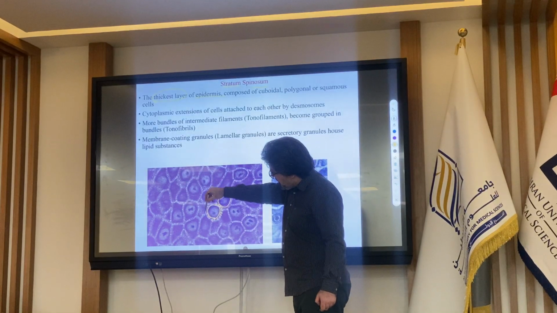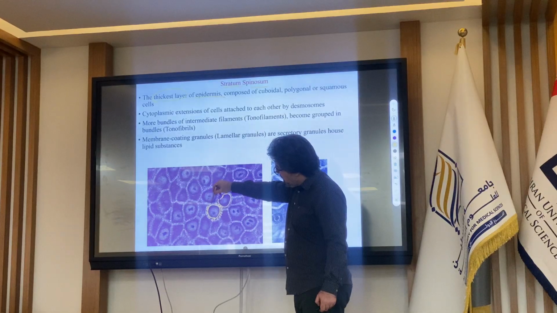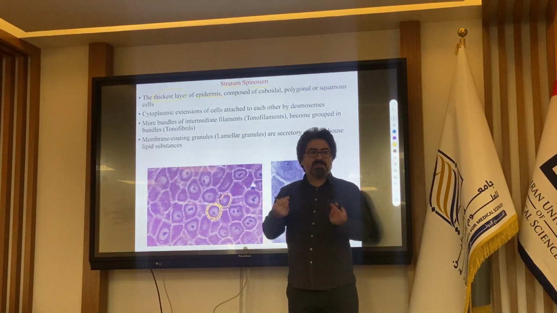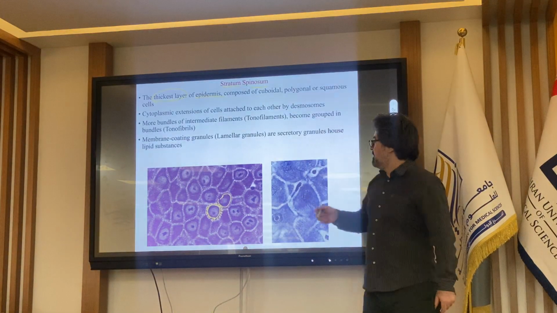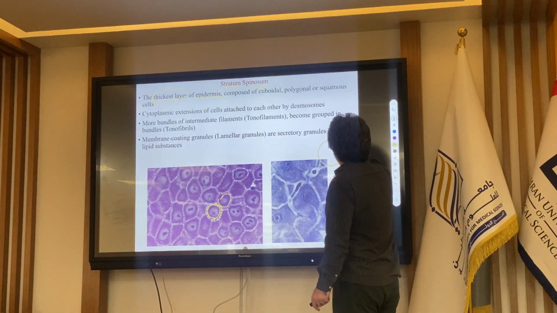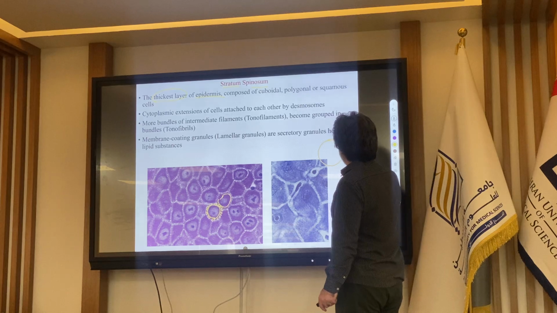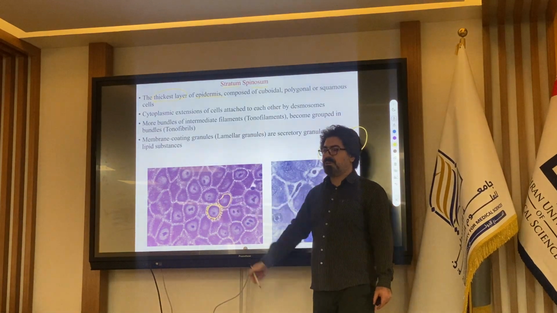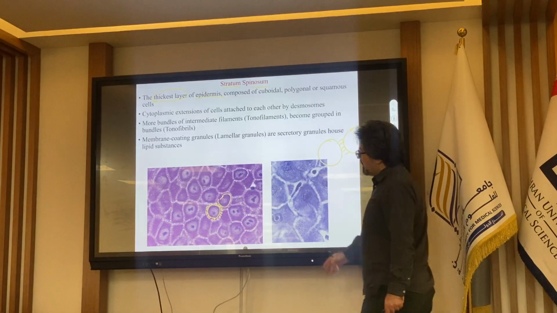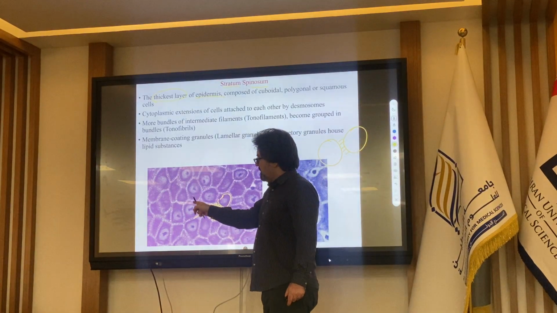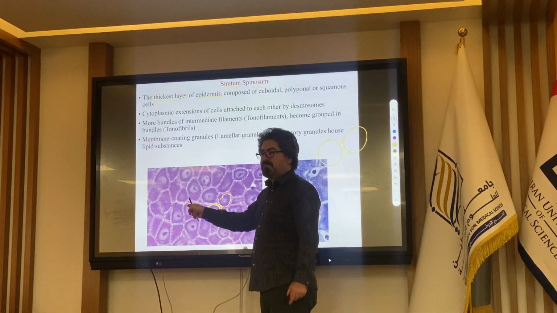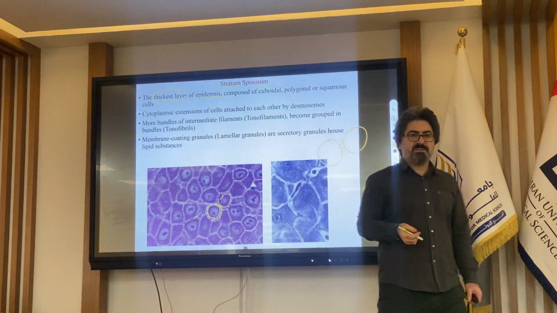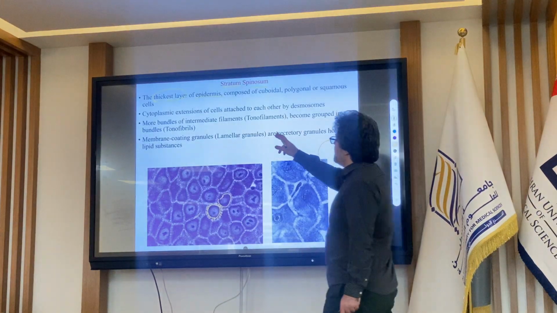Because of this structure, this layer is known as a spinous layer. These are just desmosomes that attach the cells. One cell is attached to another cell by desmosome. This is just desmosome, junctional complex. Because of this appearance, similar to spines, this layer is known as a spinous layer. So it is the thickest layer.